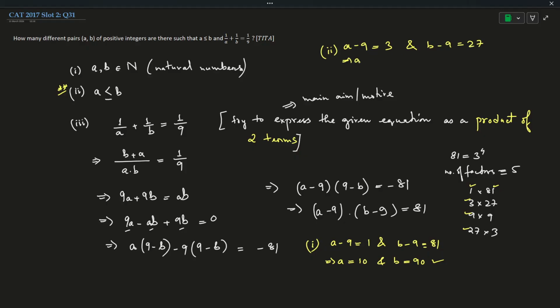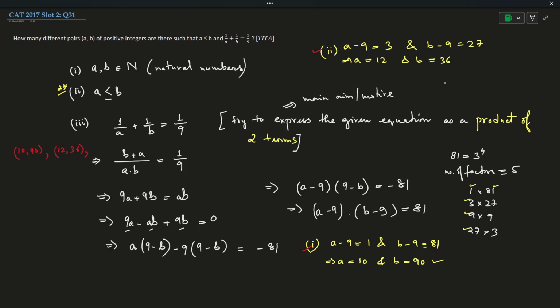From here a will be 12 and b will be 36. So this is also perfectly fine. So till now we have two distinct pairs of a and b, right? What are these pairs? 10 comma 90, then 12 comma 36. These are the two pairs as of now.